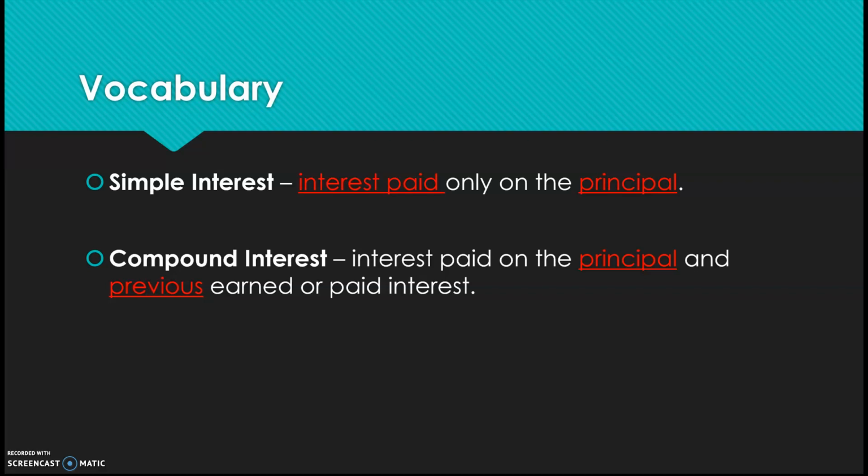Or as time builds, more interest accrues. So again, if I'm earning money, I want to do it faster, so I'm going to use compound interest. If I owe money, then simple interest would be better. But in the real world, most of it is compound interest when you are borrowing money.